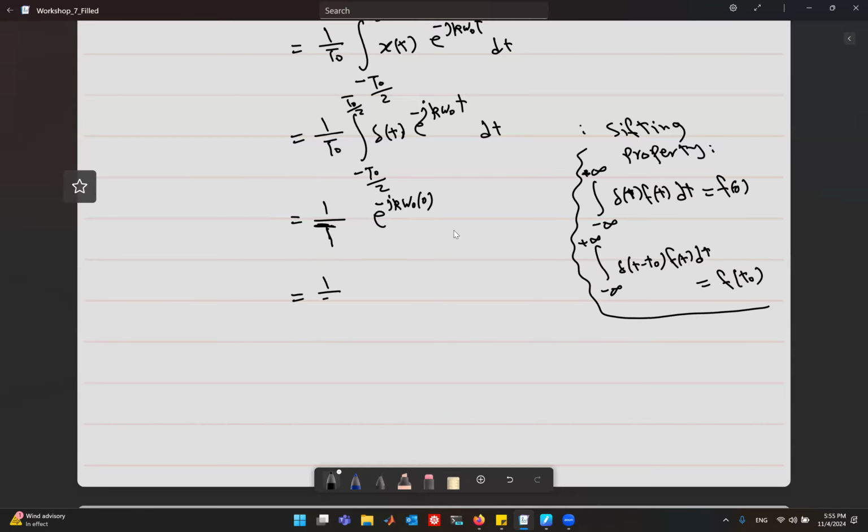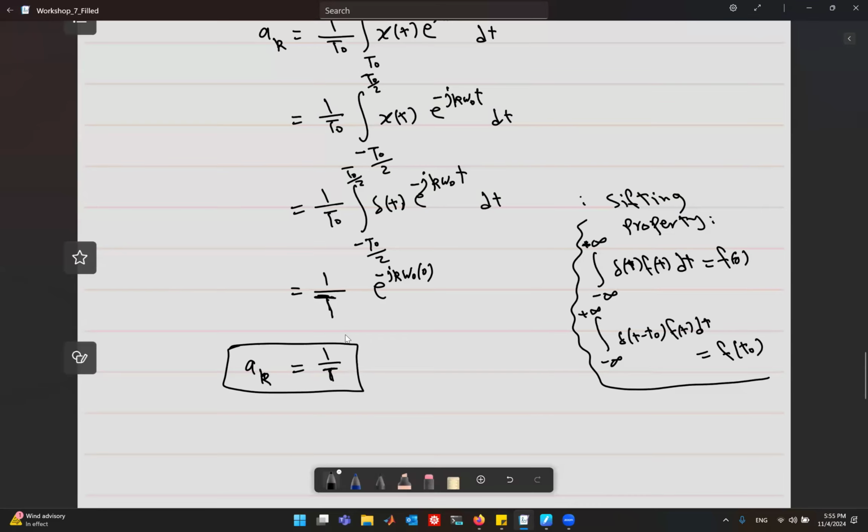So a_k is 1 over T. So all of the coefficients will have the same length, and they will all have the same amplitude, which is 1 divided by T.